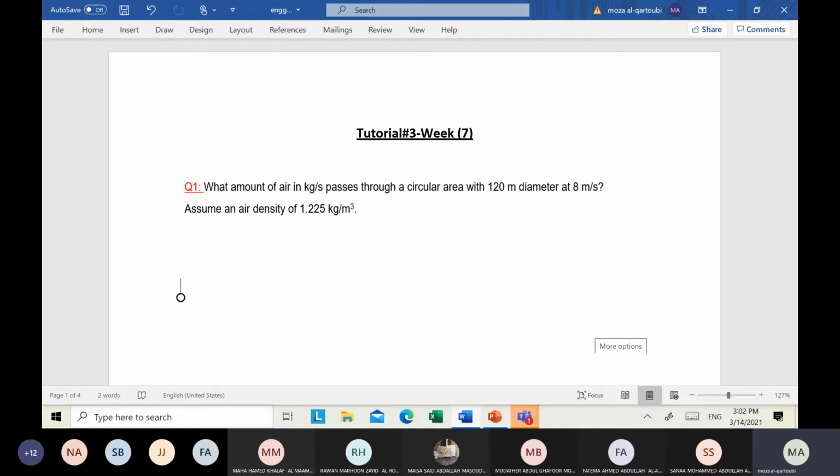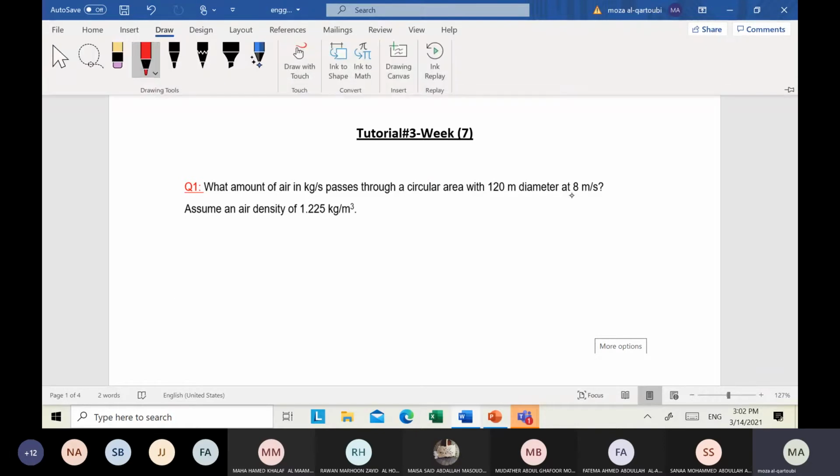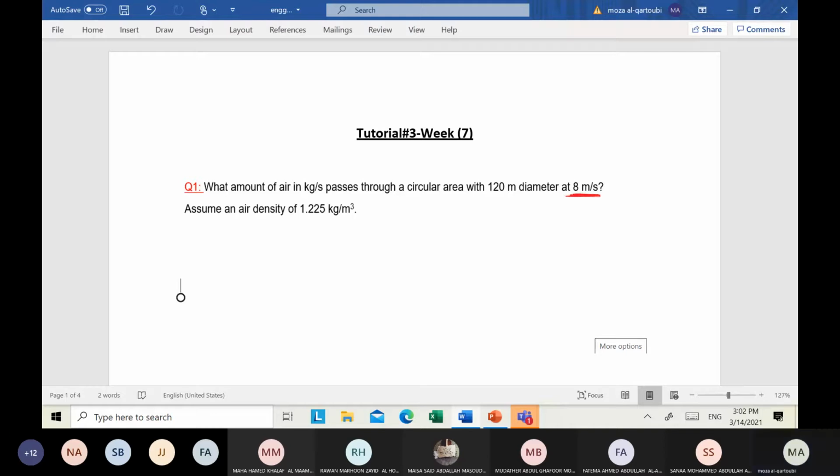Given diameter equal 120 meter, and given 8 meter per second. So this value is what? This given quantity, 8 meter per second, is speed, or velocity. So the velocity of the wind equals 8 meter per second. Assume the air density at sea level equals 1.225 kilogram per meter cube.